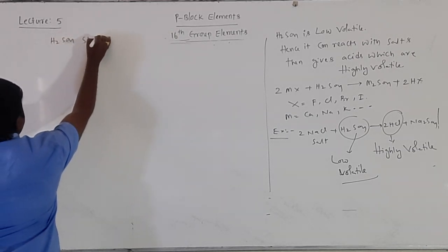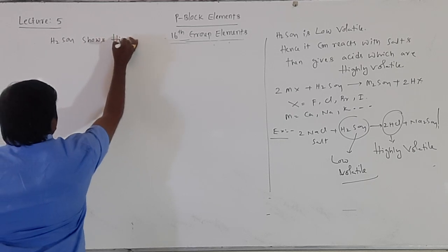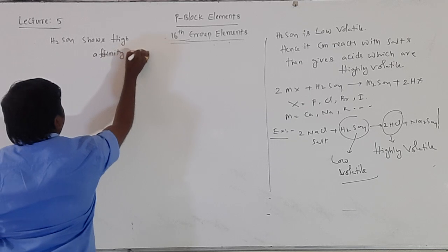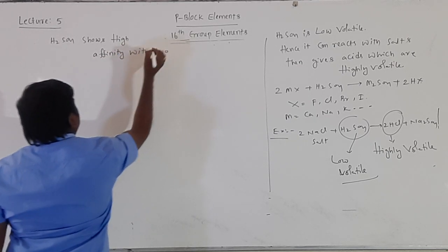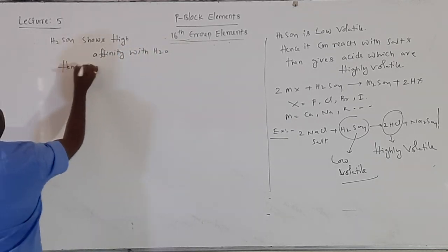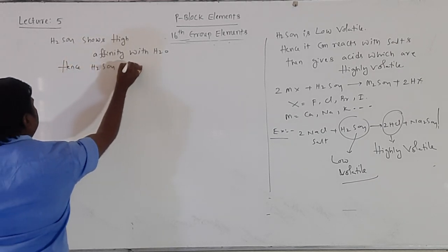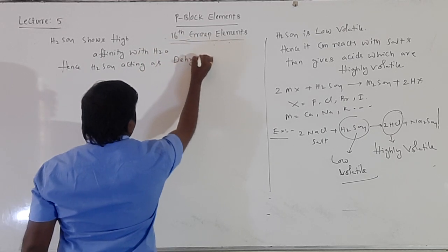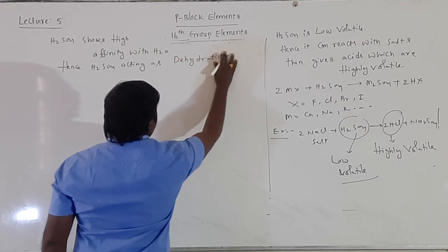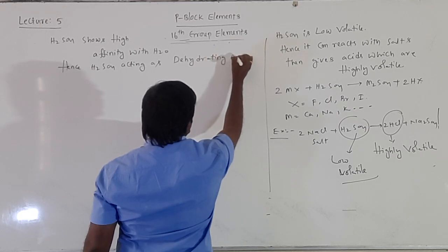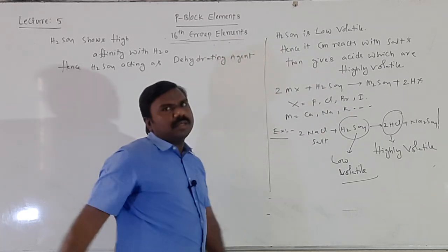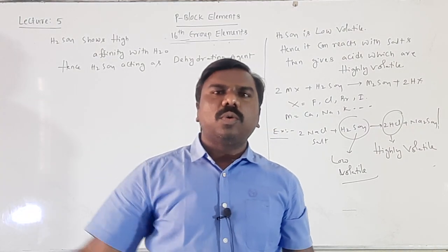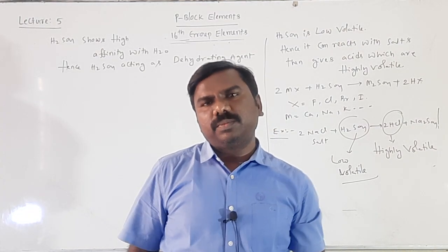H2SO4 shows high affinity with water. Hence, H2SO4 acts as a strong dehydrating agent. It means that because of the interaction between H2SO4 and water, it removes H2O from the test tube, right.